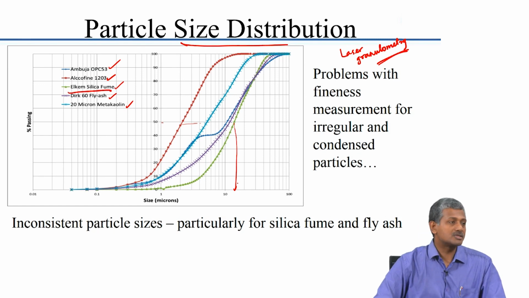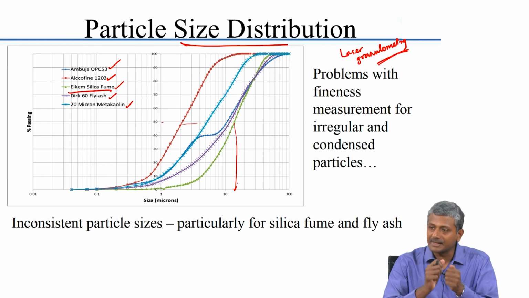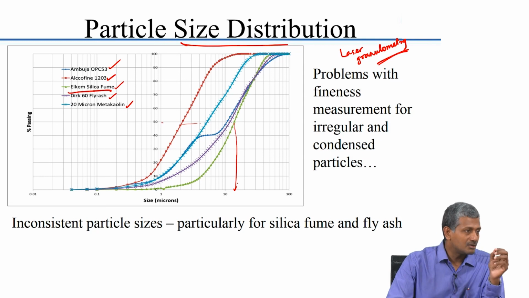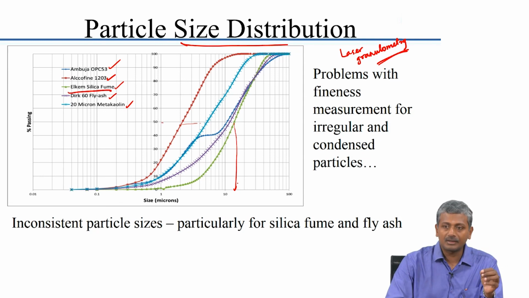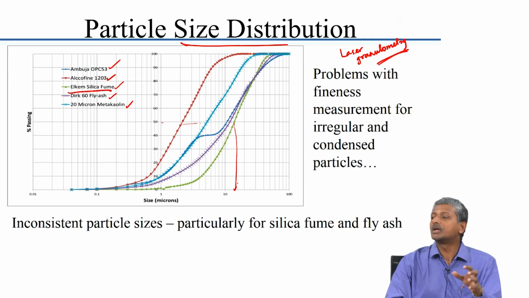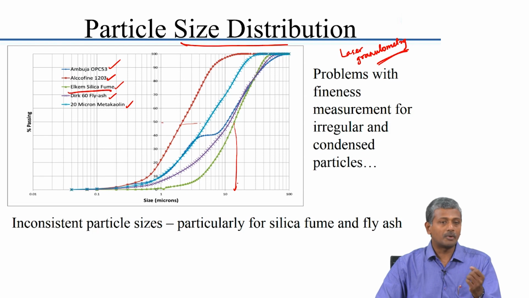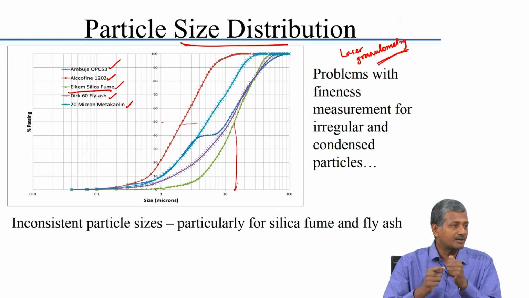So, what you need to do is develop a method by which you can break these agglomerates and then see the actual particle size, because unless you really get an estimate of the particle sizes that are likely to be there in your mix, you can never gauge the impact of the filling effect of these materials very well. Now, this is done directly on the powder. In concrete, what is happening? There is substantial attrition between the aggregates.